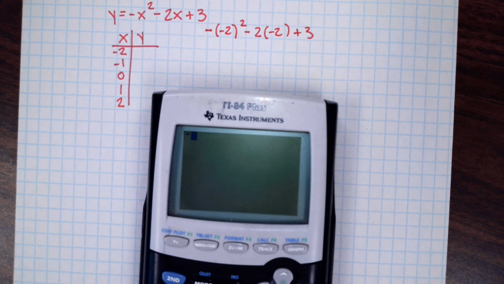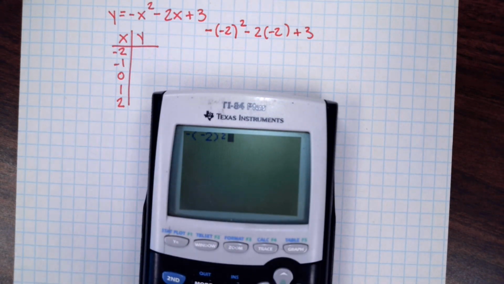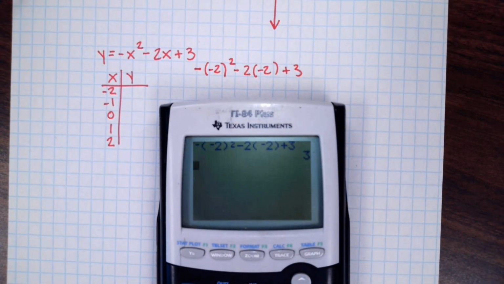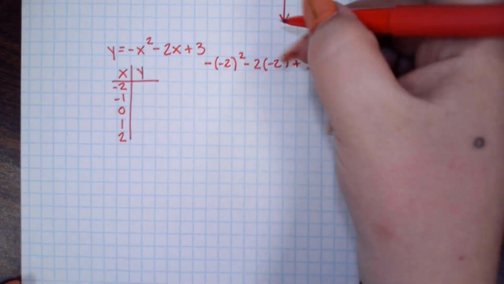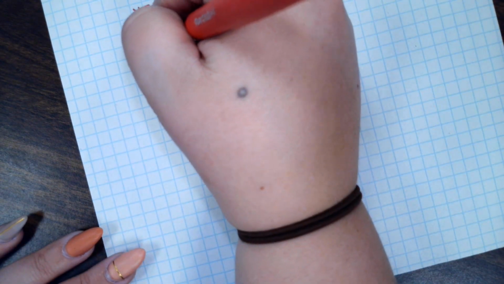So we've got the opposite of (-2) squared. Notice how I put the -2 in parentheses. Minus 2 times -2 plus 3. So it looks exactly how I wrote it on the paper here. And we get 3. So when x is -2, y is 3.